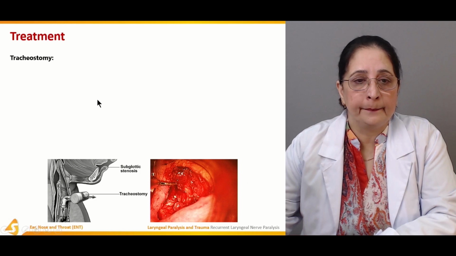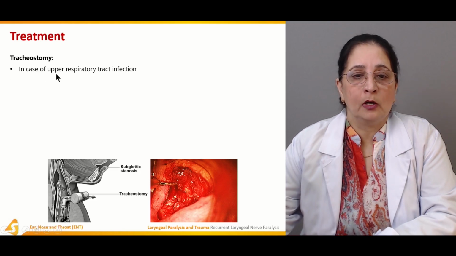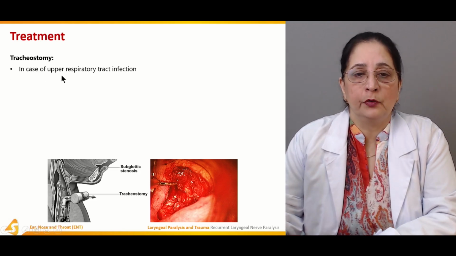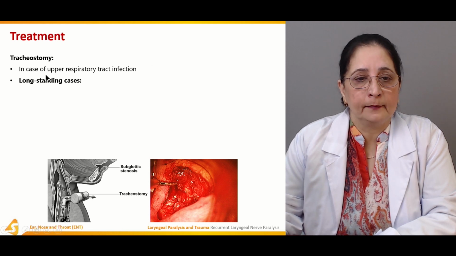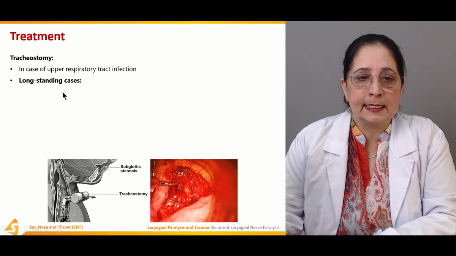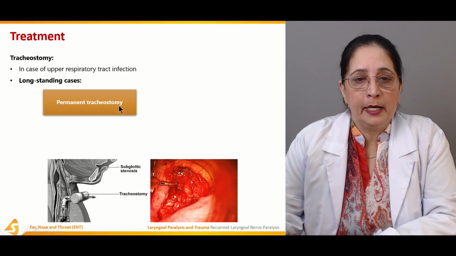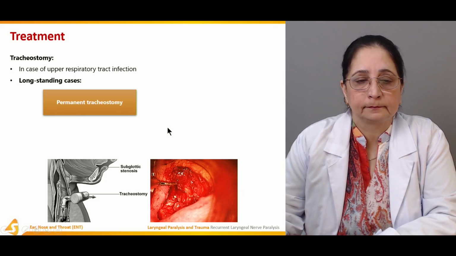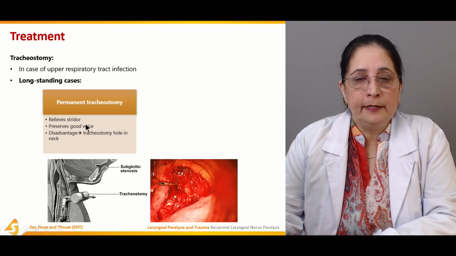Treatment is tracheostomy, that is, a tracheostomy tube is inserted. In case of upper respiratory tract infection or long-standing cases, a permanent tracheostomy relieves stridor and preserves good voice.